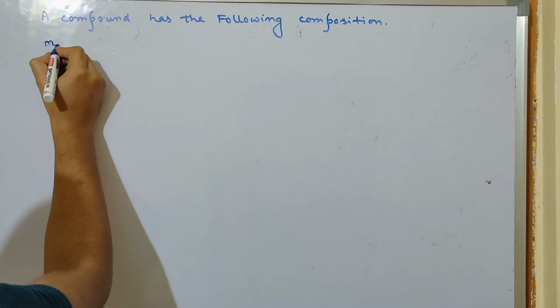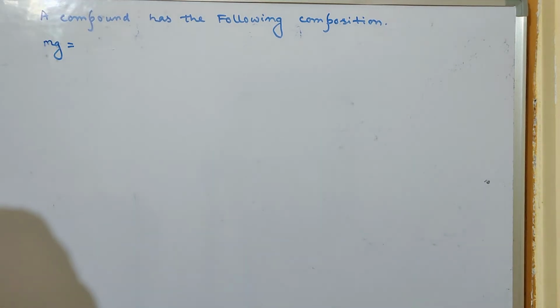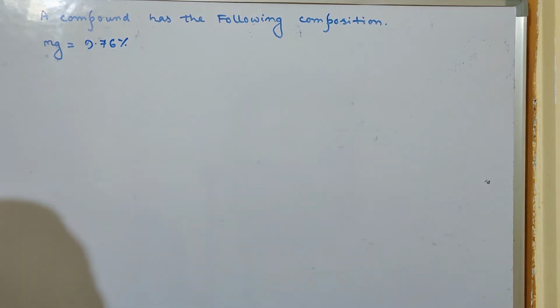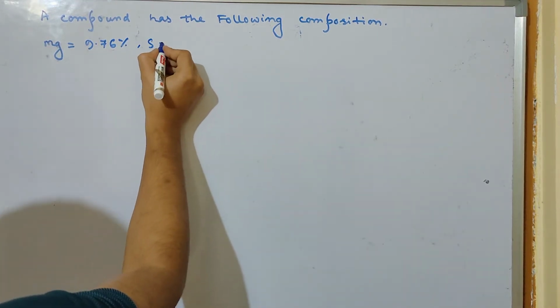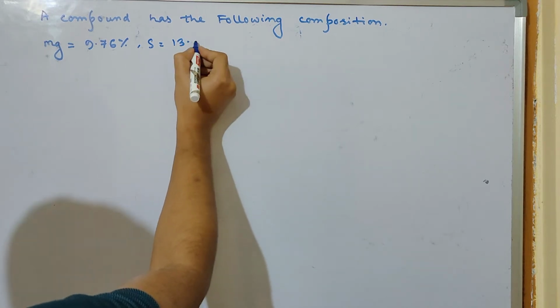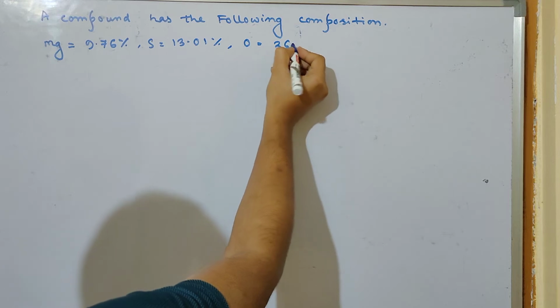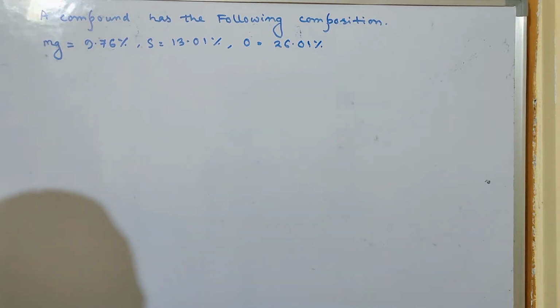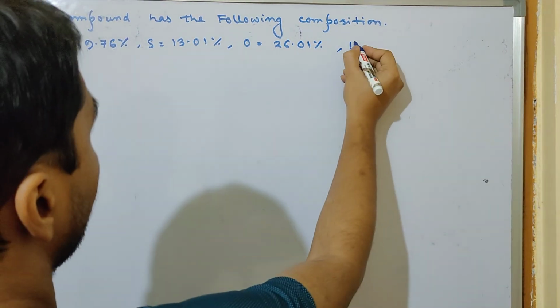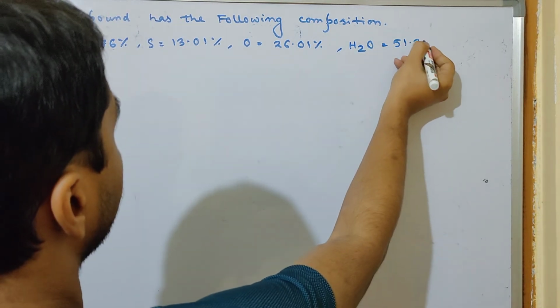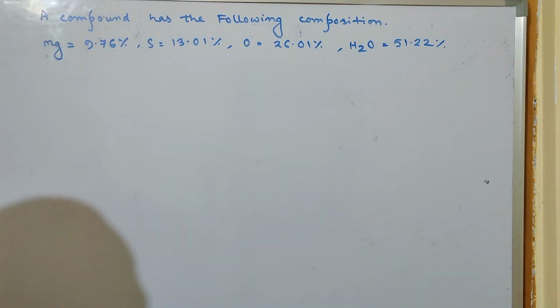Compositions are: magnesium is equal to 9.76%, sulfur 13.01%, oxygen 26.01%, water 51.22%. The question is, what is its empirical formula?